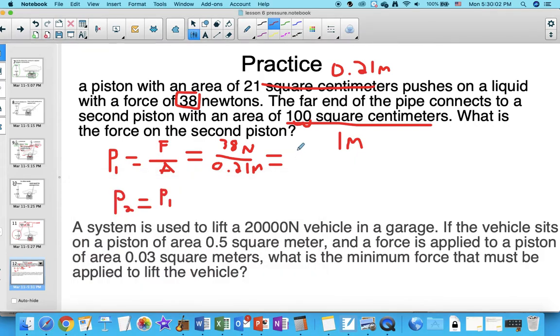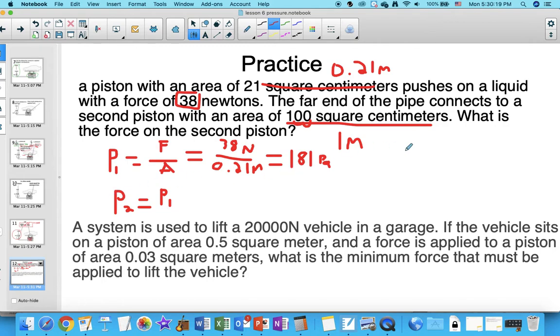Let's round up: 181 pascals. So now we know that P2 must also equal 181.